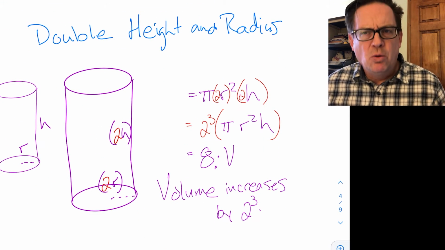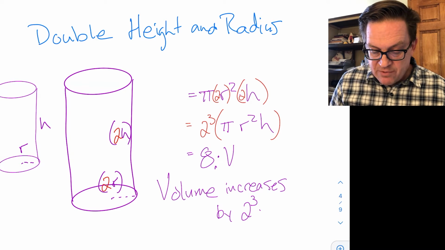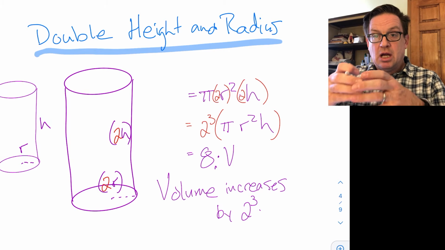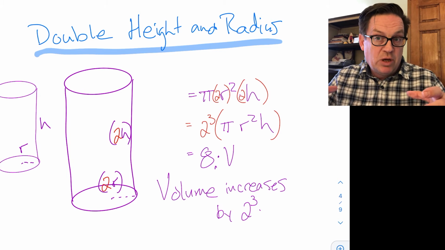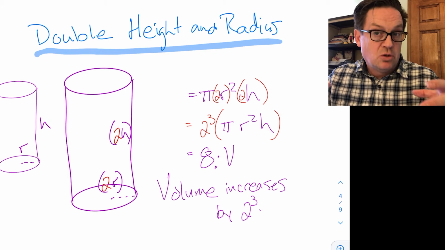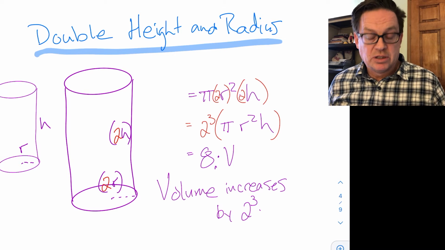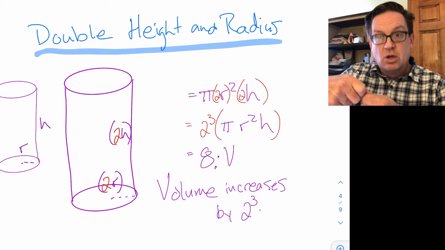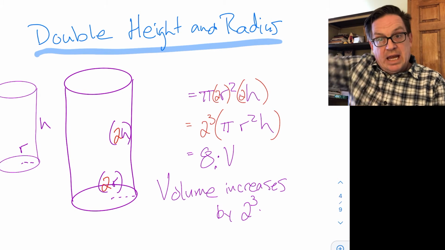What happens if I do both? What if I change the radius and the height? What if I double the height and the radius? Well, if you think about my cylinder, I double the height, so that doubles the volume, and I double the radius, so that's 2 times 2 to the volume. So I'm going to get an 8-fold increase because it's a 3-dimensional thing. I've changed the width, the length, and the height.